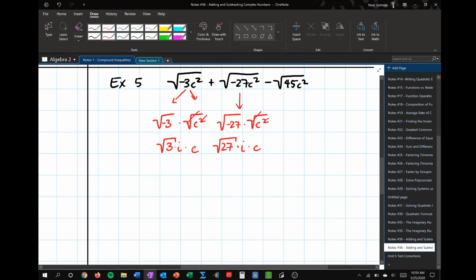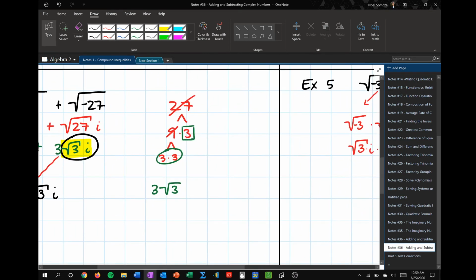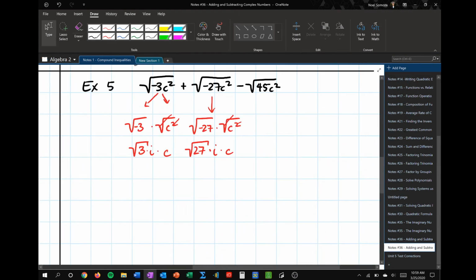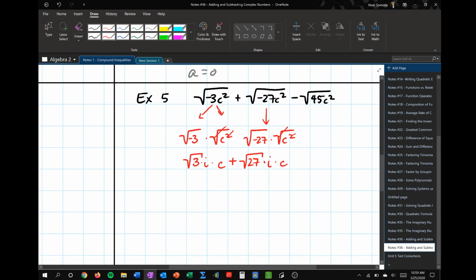And then we did square root of 27 in the previous problem, right? We know that the square root of 27 is 3 root 3. So we can make that transition now. And we can call this 3 root 3i times c. Okay.